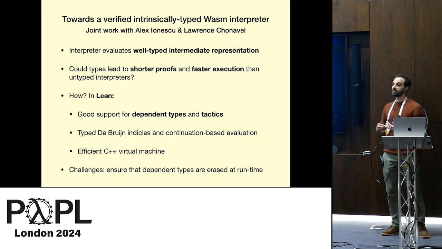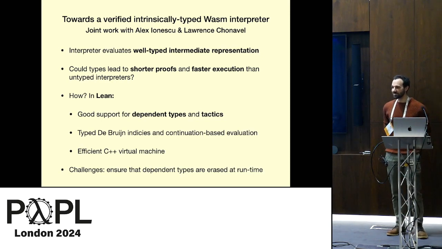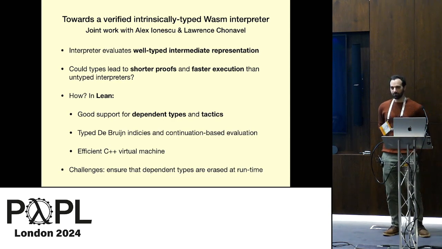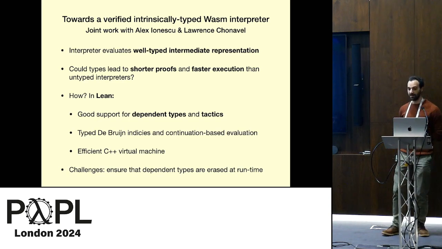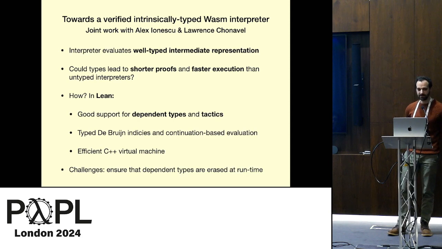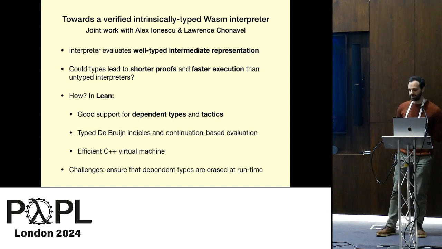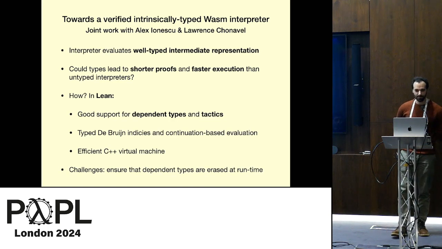So we are doing this in Lean, which is nice. I think we have all been playing with proof assistants, and I'm not aware of any interpreter written in Lean. Lean is a proof assistant that provides good support for dependent types and statics as well. We are using typed de Bruijn indices. These are basically proofs that things are in scope and have the type that you expect.